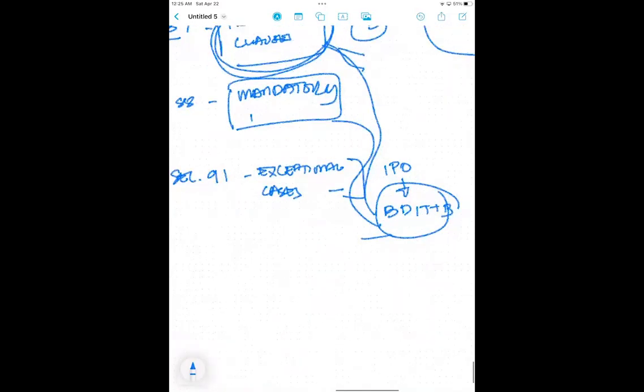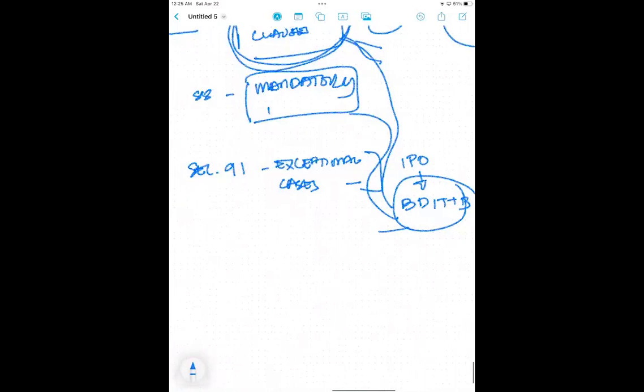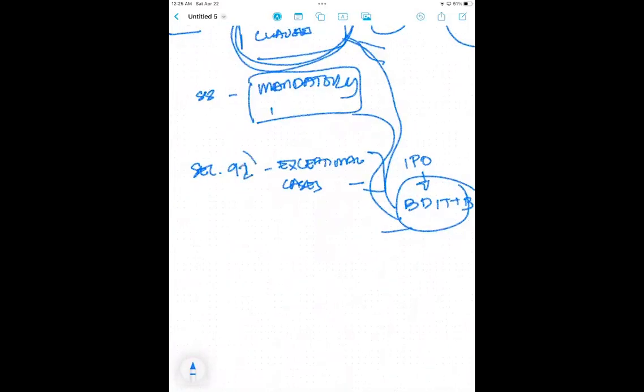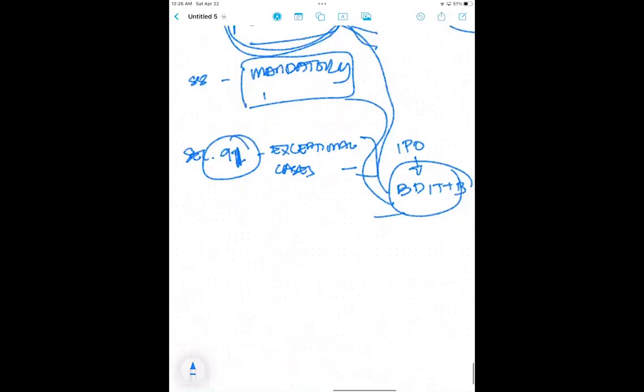But the parties are allowed to seek exemption if the exceptional circumstances are present as mentioned in Section 91.